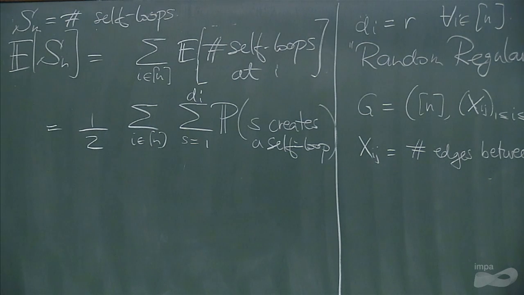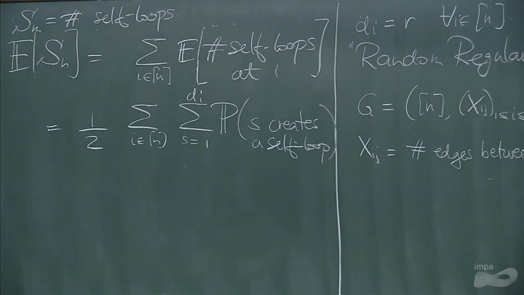I shouldn't count the self-loop between, say, half edges 1 and 5, and then between 5 and 1, because they're the same self-loop. But I can count them both if I divide by 2, and expectations are linear, so I can do that. That explains the 1/2.